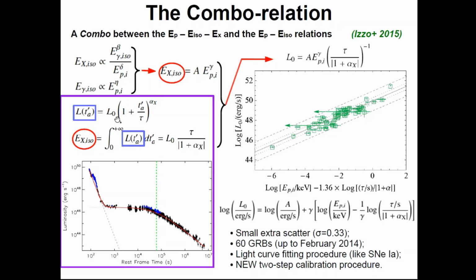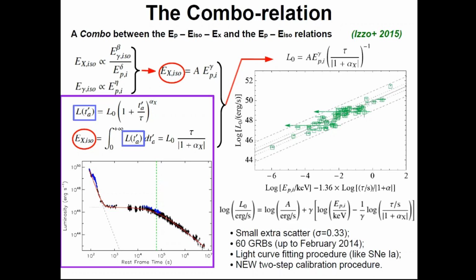We use this phenomenological formulation, we insert everything inside, and eventually we get this relation: the luminosity of the plateau phase is related to the peak of the prompt emission phase, the duration of the plateau, and the late power law decay index. You can put it in a logarithmic fashion, and this is the relation we use.